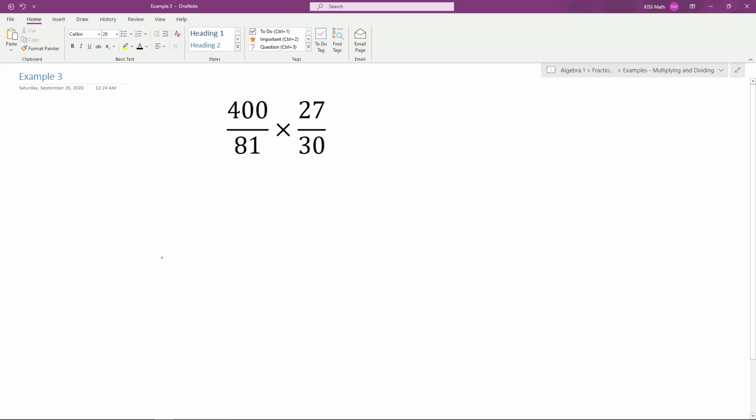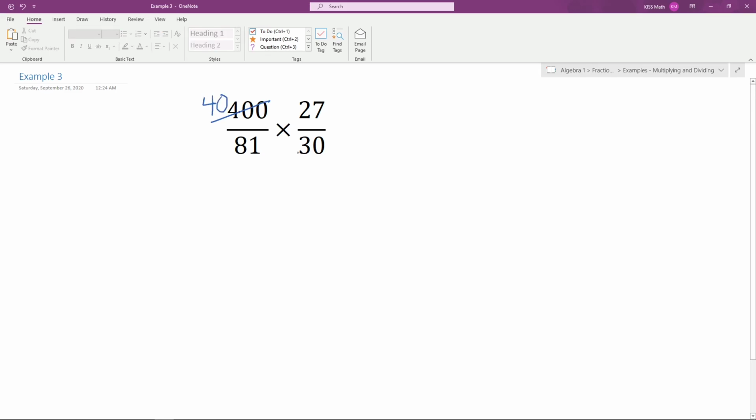Here's an example where you must simplify the fractions first before you multiply. Otherwise, the numbers get a little bit large and difficult to manage. So again, we look for a number that will divide evenly into a top number and bottom number. So I see 430. I know both of these are divisible by 10. So if I do 400 divided by 10, that gives me 40.